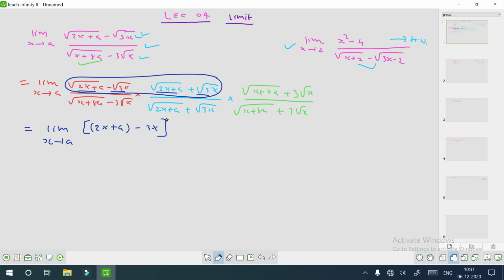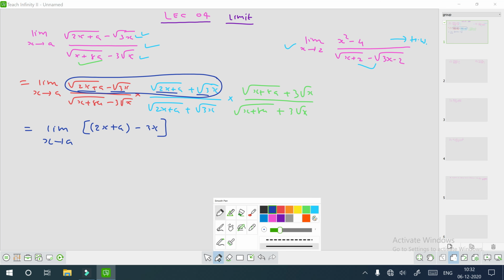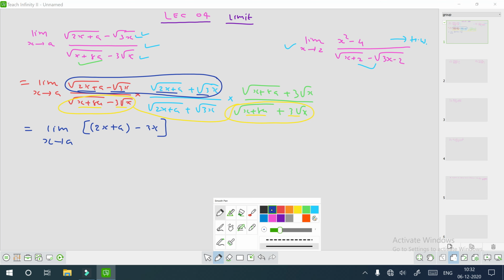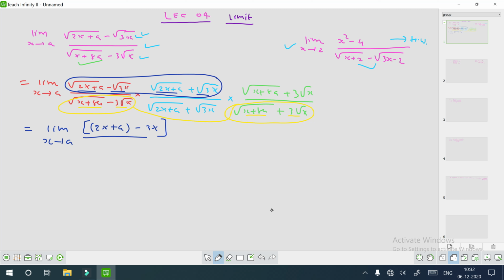For denominator quantity, see here, product of this factor with this one. Once again, a minus b, a plus b. That comes out a square minus b square, that is x plus 8a minus 9x.